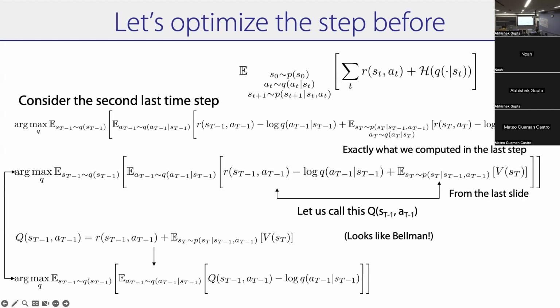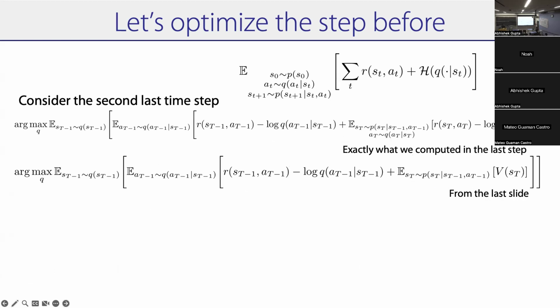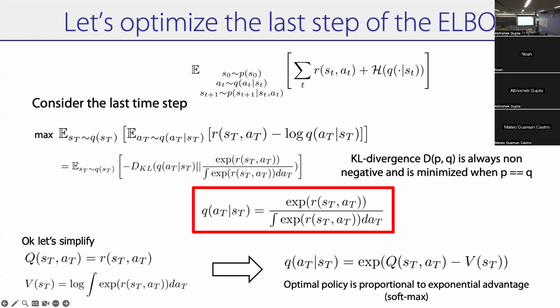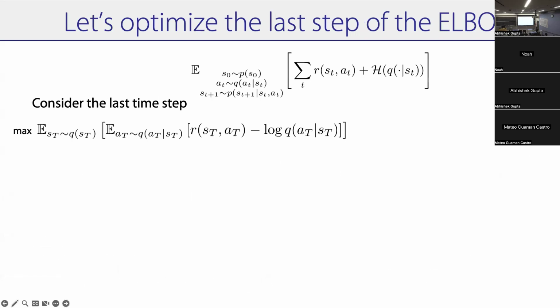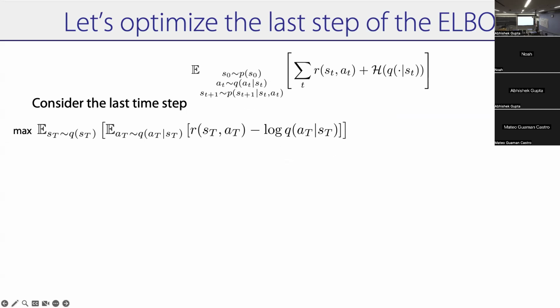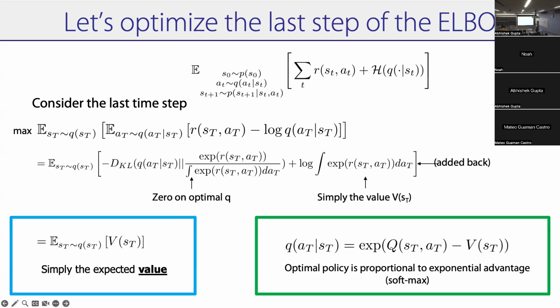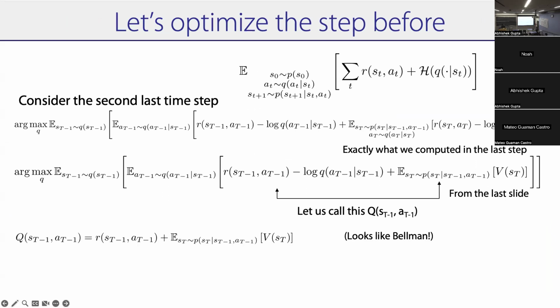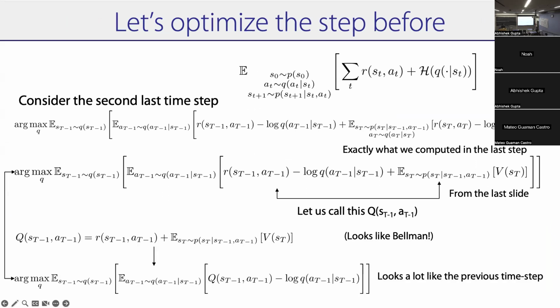Now, if you do pattern matching, this looks exactly like the form we did in the last time step. In the last time step, we had this expression, you had r minus log q. Now we have Q minus log q, but it's the same form. And so we're just going to do pattern matching rather than struggle through the computation. This looks exactly like the last time step.